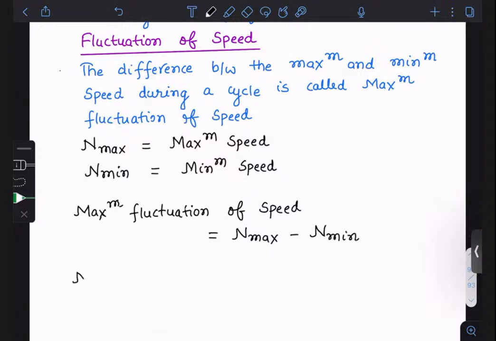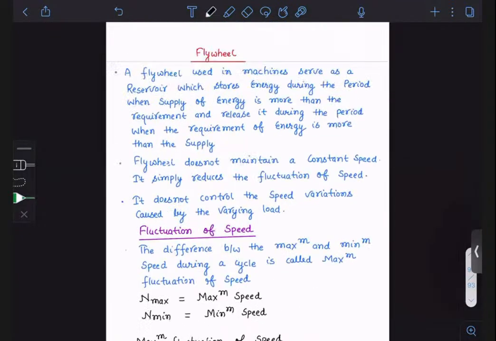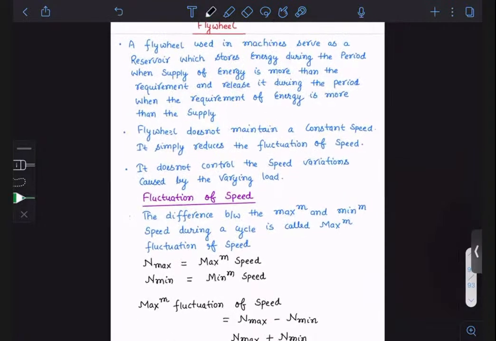Mean speed is equal to N max plus N min by 2, right? This is very important, everyone. Note down this part. I'm giving you time. Note down, please.